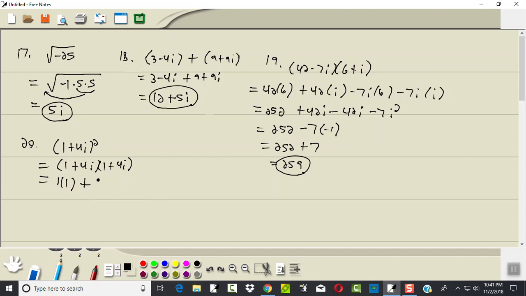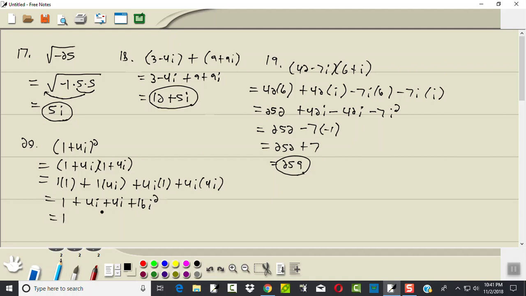Then we got our outer terms, 1 times 4i. Our inner terms, 4i times 1. And then our last terms, 4i times 4i. Gives us 1 plus 4i plus 4i. 4 times 4 is 16, and i times i is i squared.